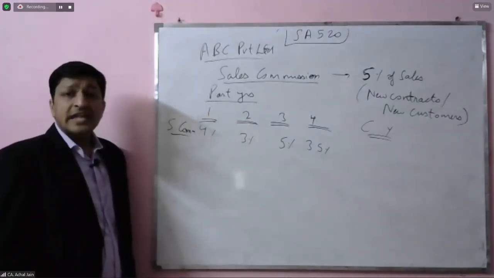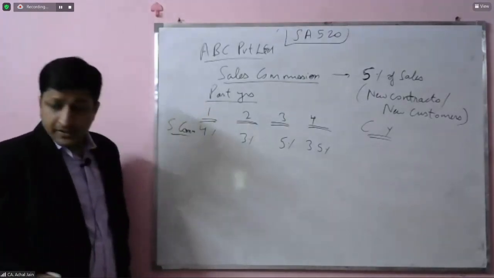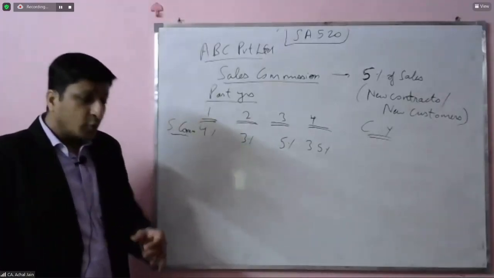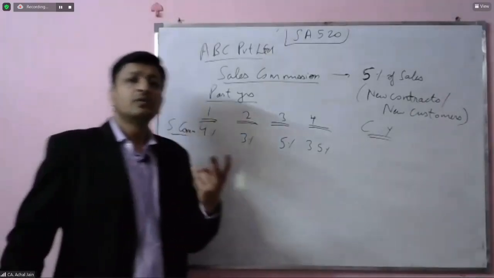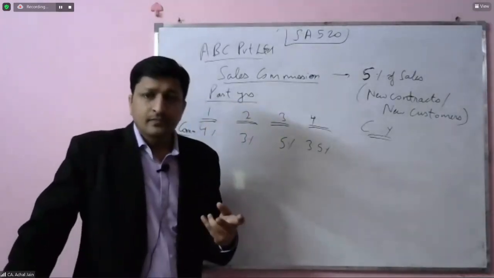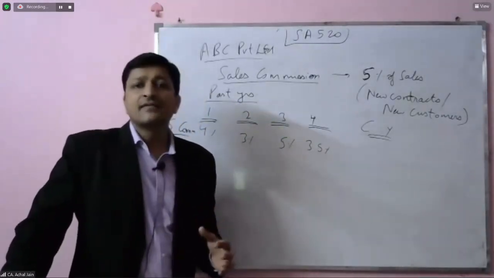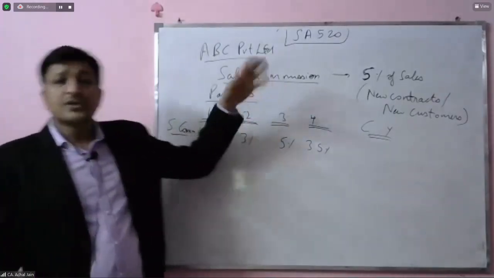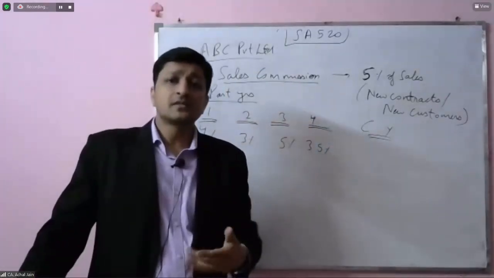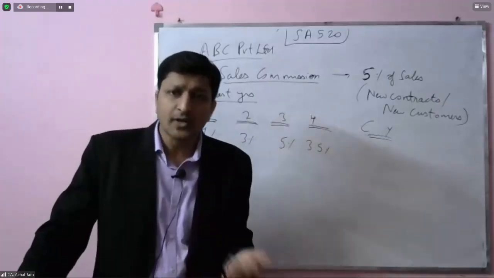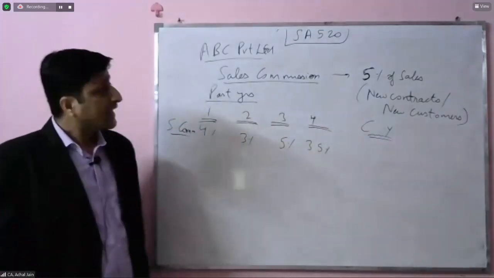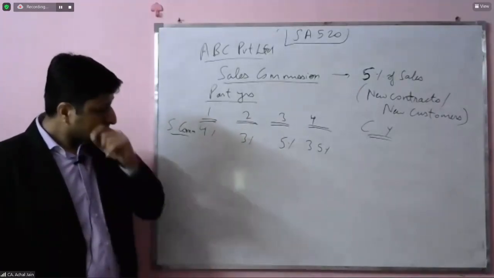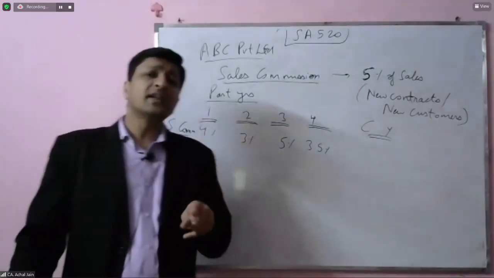Now, when this aspect was considered, what would be required on the part of the auditor would be to break the sale into two parts. The sales which have customers which are continuing, or the sales which is in respect of old customers, and the sales in respect of new customers. And then what can be done?